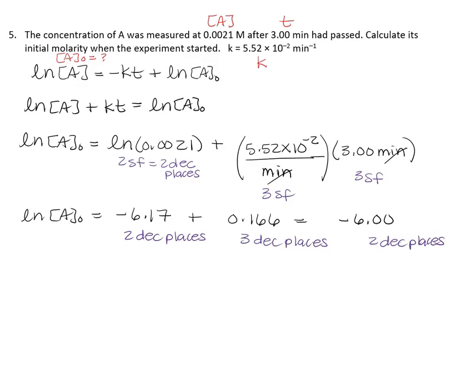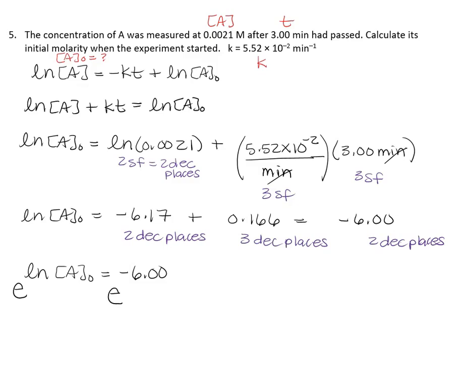We're not done because we have to take the antilog. Let me just rewrite this so we can see all the work right next to each other. So we take the antilog of the first term and the antilog of the second term.